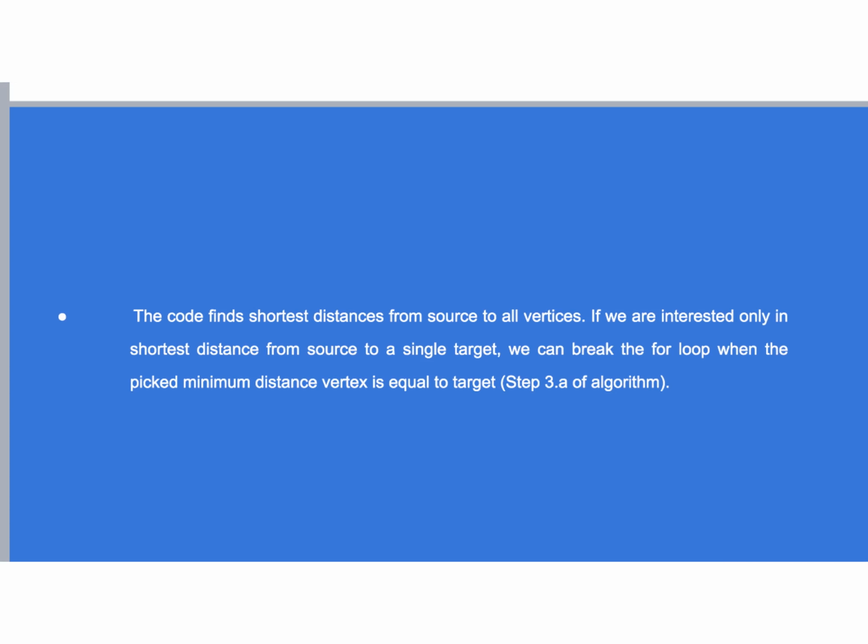So the code finds the shortest distance. If we're interested only in the shortest distance from the source to a single target, we can break the for loop and pick the minimum distance which is equal to the target. So what this actually means is, we calculate the distance to each and every single point to make sure that we get all the cases.